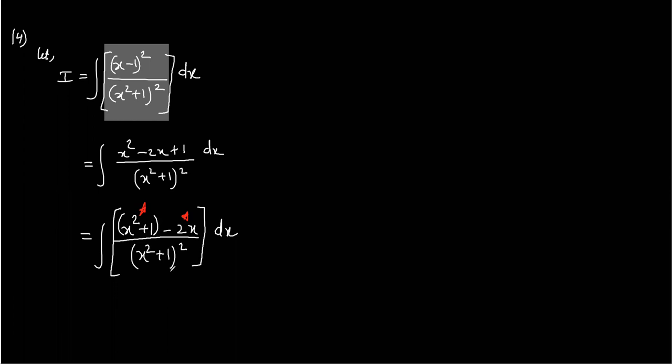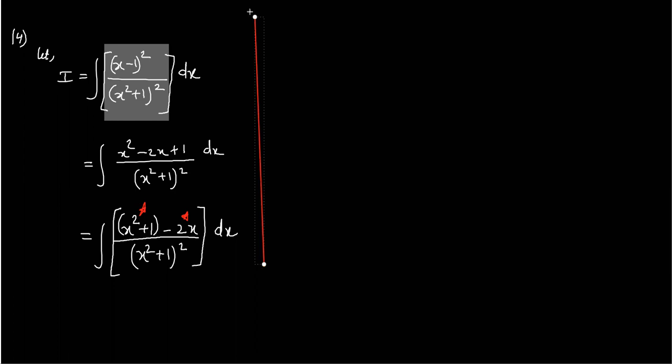We have also done this in the previous few problems. So here what I did is I tried to get what I see in the denominator. I see x square plus 1 the whole square in the denominator, so I tried to get x square plus 1, and then I split the denominator, that is, I will separately divide.